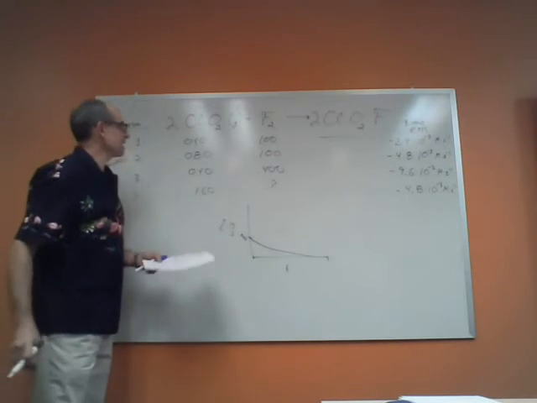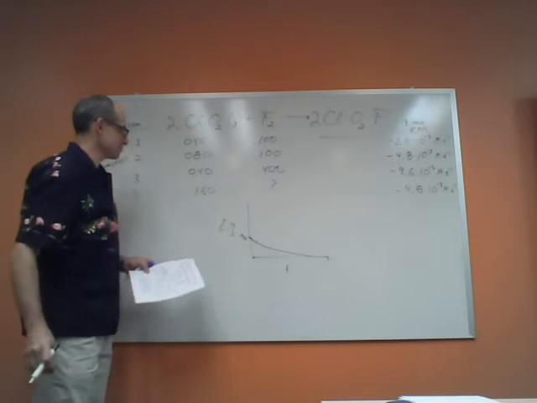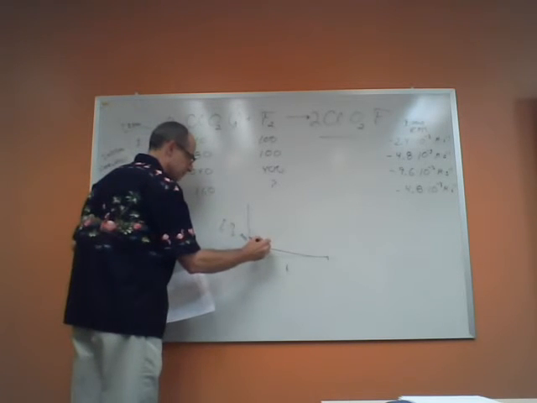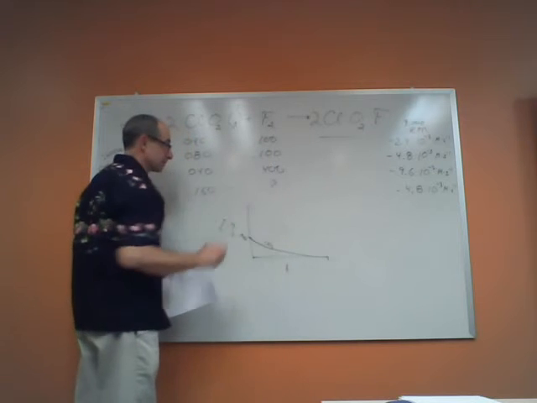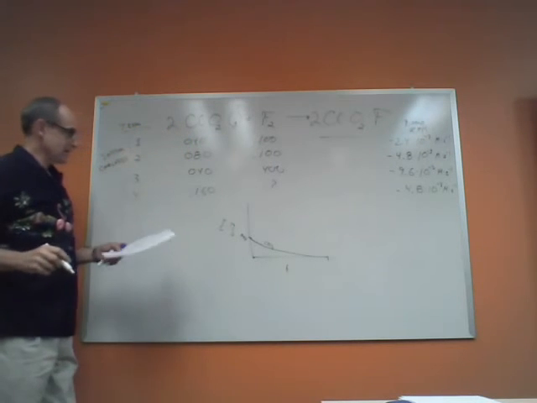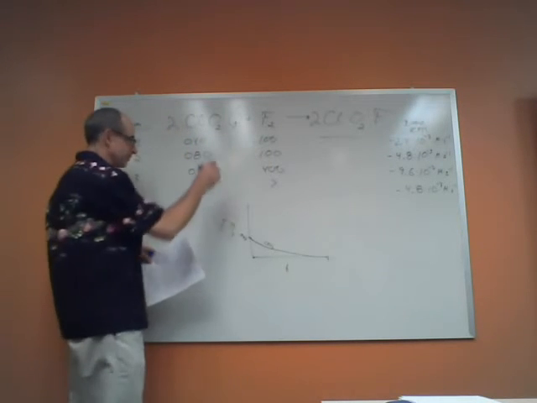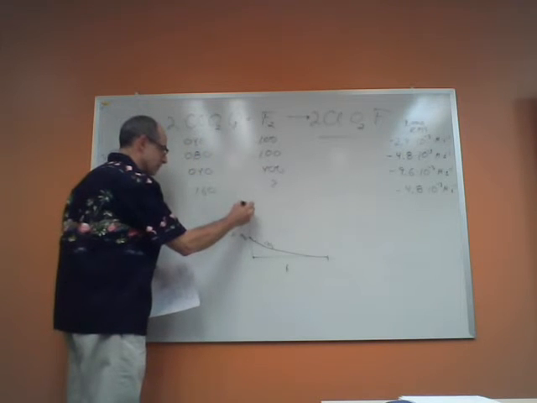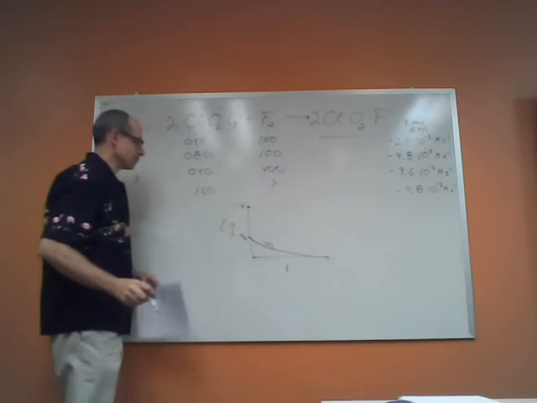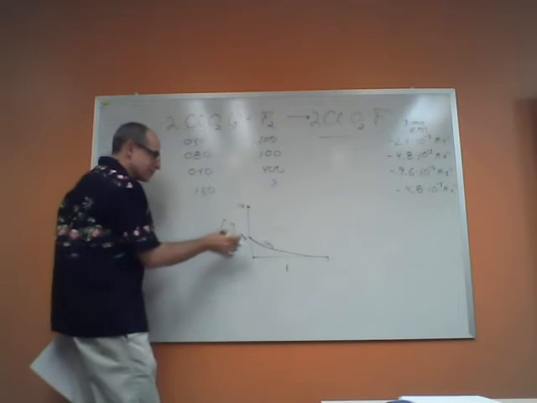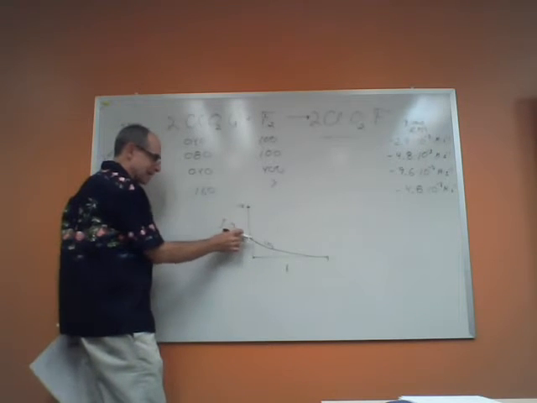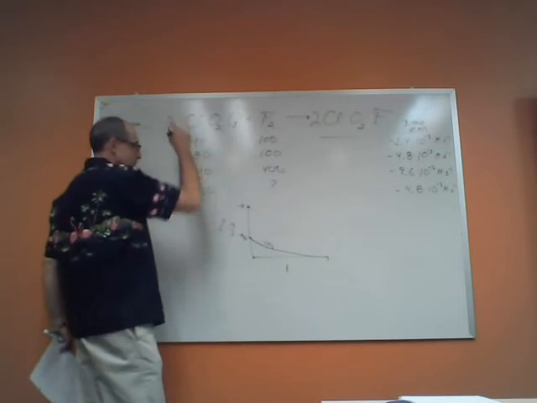You're asked to sketch what happens for the concentrations of fluorine and the product ClO2F, and you should know from the stoichiometry that the fluorine is going to start up here at 0.1 moles per liter, and its decrease will be half as great as that of ClO2, because it's a 1 to 2 mole ratio.